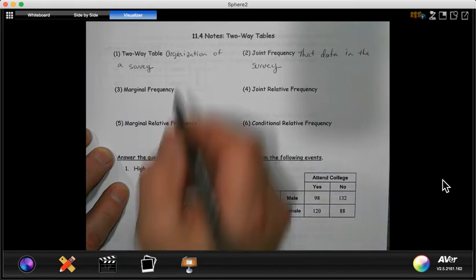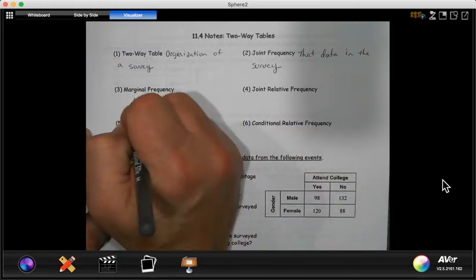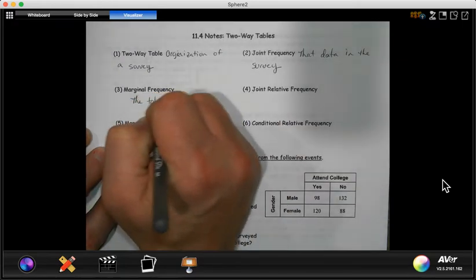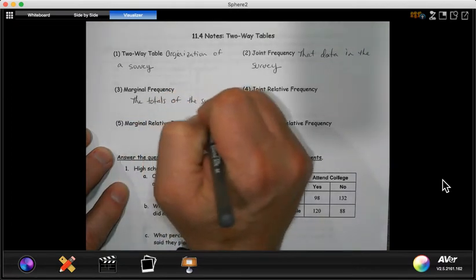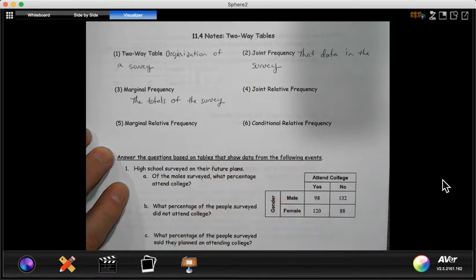The marginal frequencies are the totals of the survey. Okay?